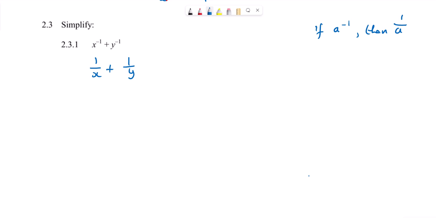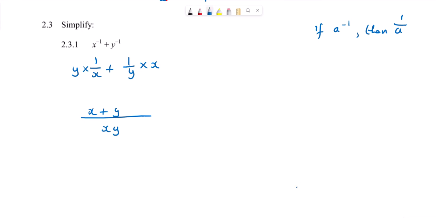But let's further find the common denominator. We're going to multiply by x, we're going to multiply by y. So that will be all over xy, the common denominator. So that will be x plus y. This is it.